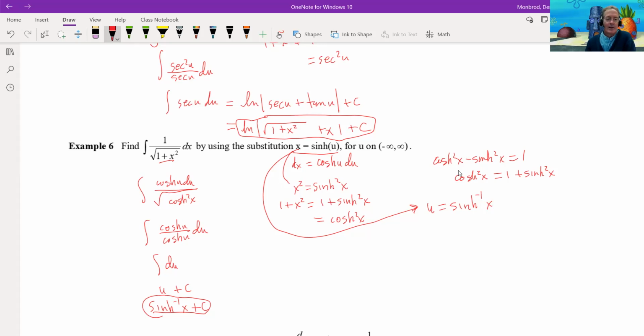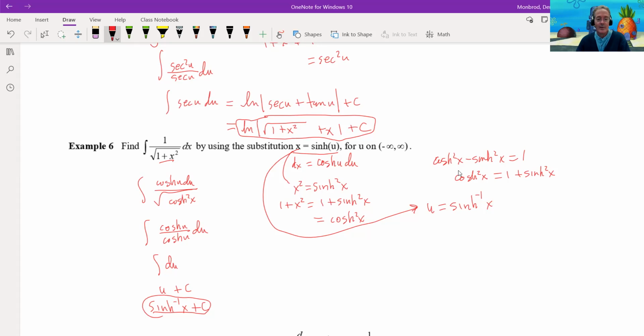two functions that have the same antiderivative can differ by no more than a constant. That the antiderivatives of the same function can differ by no more than a constant. That's what we're saying here.